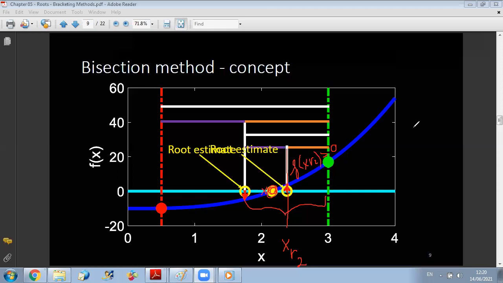If I know the root, why would I search for it? So in general, when we do this procedure, we don't know where the exact root is. This is why we will not be able to find the true relative error. Sometimes they tell us the root is given just for us to be able to calculate the true error. But if we have a certain application, where we want to find the root, we don't know it previously, so we will find the relative approximate error in this case. So we will just compare from iteration to iteration what is the error involved.